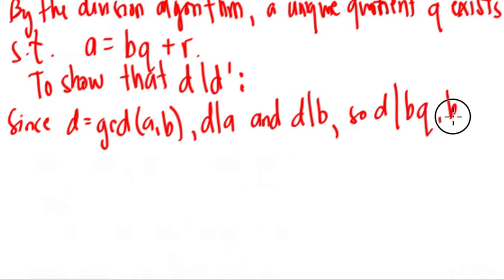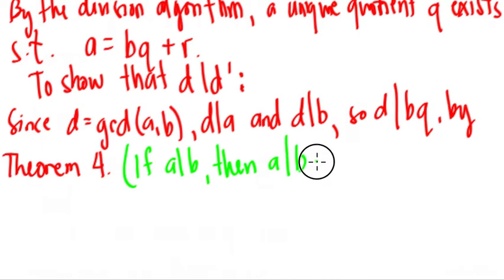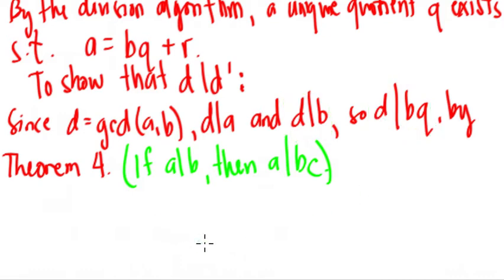This is by theorem 4, based on our videos. If you want to recall theorem 4, it states that if a divides b, then a divides a multiple of b, let's call it bc. So in this part, D divides b, therefore it also divides a multiple of b, that's bq. That is why we use theorem 4.